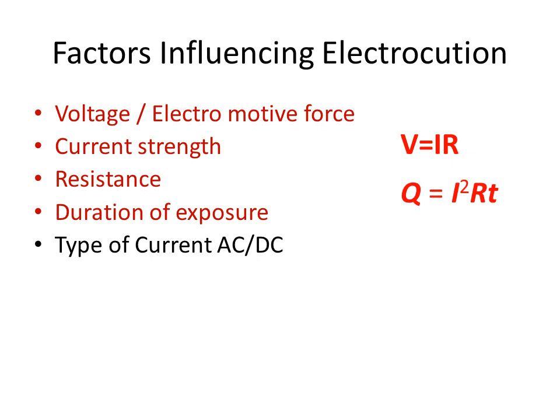The fifth one is the current, whether it is an AC current or it is a DC current. We have seen the mechanism of production of injuries due to AC and DC current. We have actually seen the physics of AC and DC current in the second slide that we were dealing with. Here we have seen that AC current is a type of current which changes its direction in every cycle.